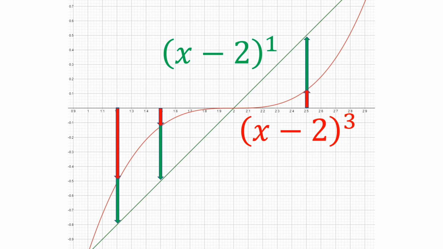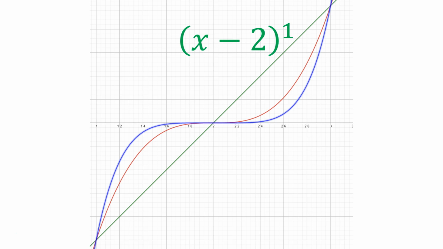And as you look at this picture, whether from left to right or right to left, it doesn't make too much difference, you observe that clearly the red graph is closer to the x-axis. So it goes at the root through the x-axis, but to the left of the root and to the right of the root, you see that it's closer to it. And that is so because of that exponent of 3.